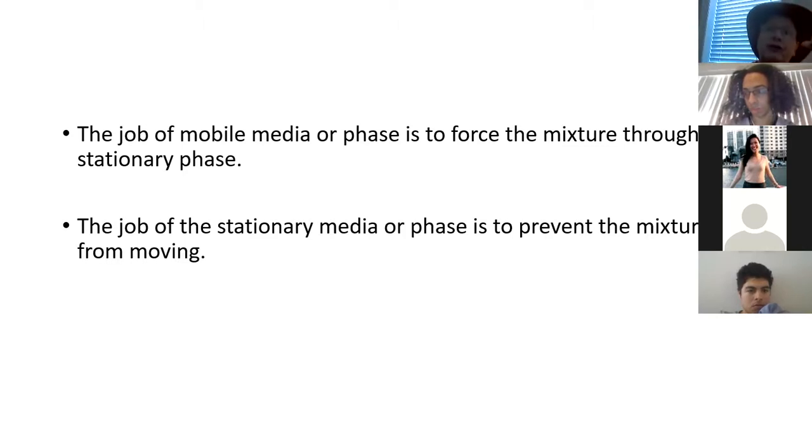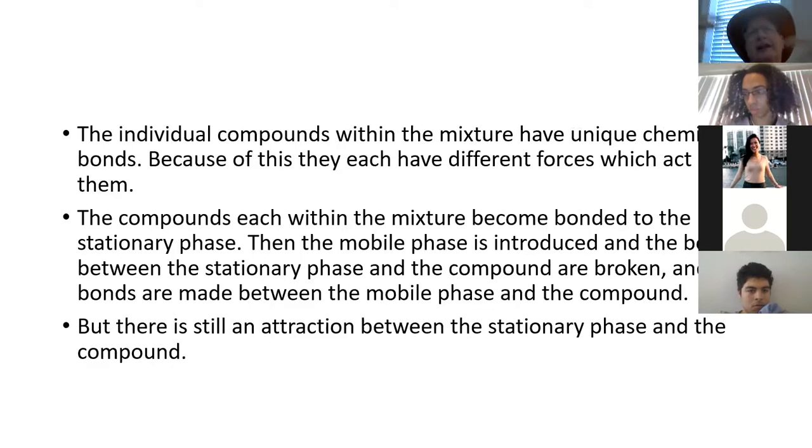The job of the stationary phase is to prevent the mixture from moving. And it does this because the individual compounds each have their own chemical bonds. And they're bonded to the stationary phase, but the mobile phase comes along and pulls it off for a little bit. Then it gets bonded back to the stationary phase.